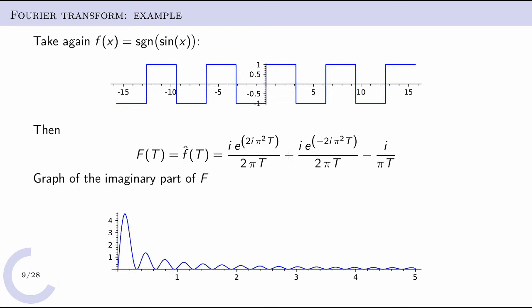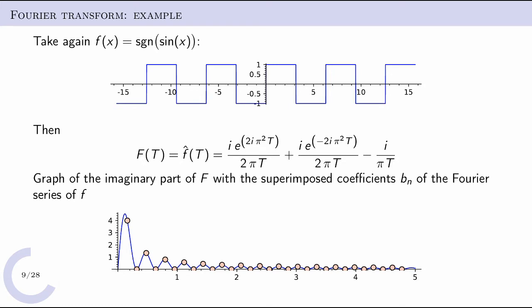Now I will superimpose on this graph the coefficients of the Fourier series that we computed in the previous example. So these dots that you can see now are the coefficients of the Fourier series. The scales of the two graphs are made coherent so they agree with each other, but except for the scaling I did nothing else.